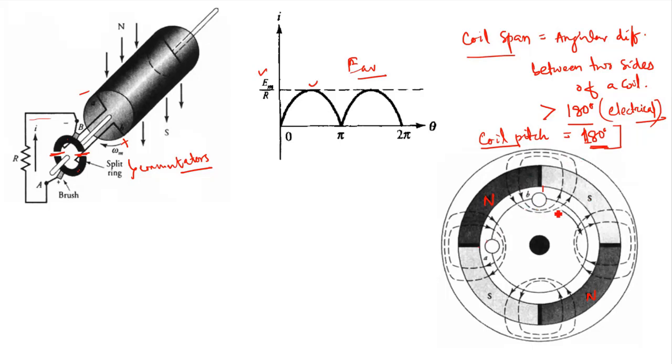As we move forward, the flux linkage will reduce gradually, as we have seen in the two pole machine also, right?